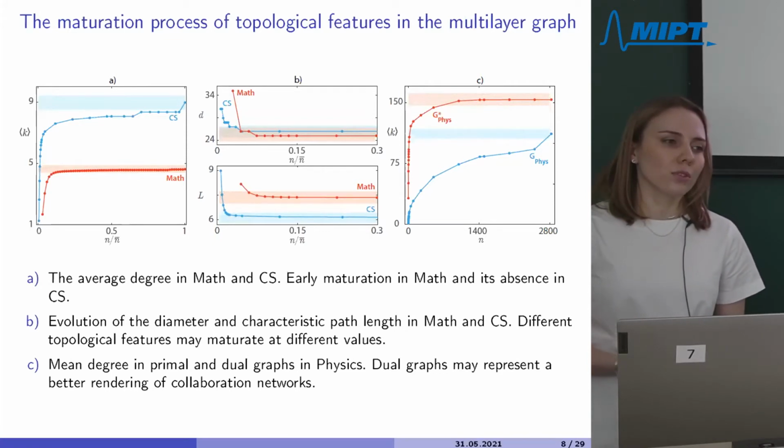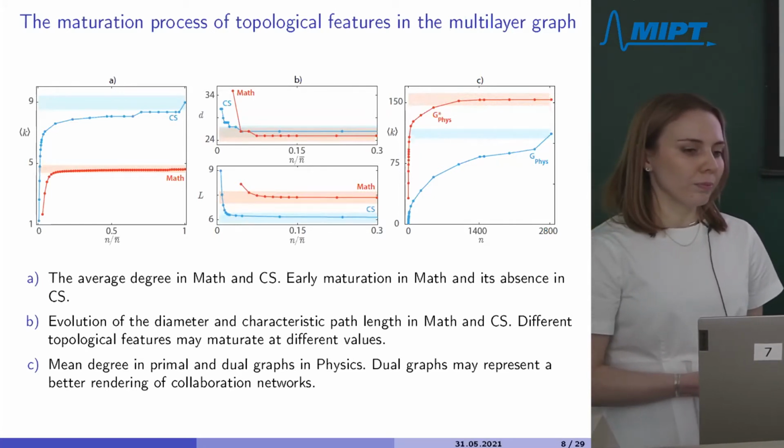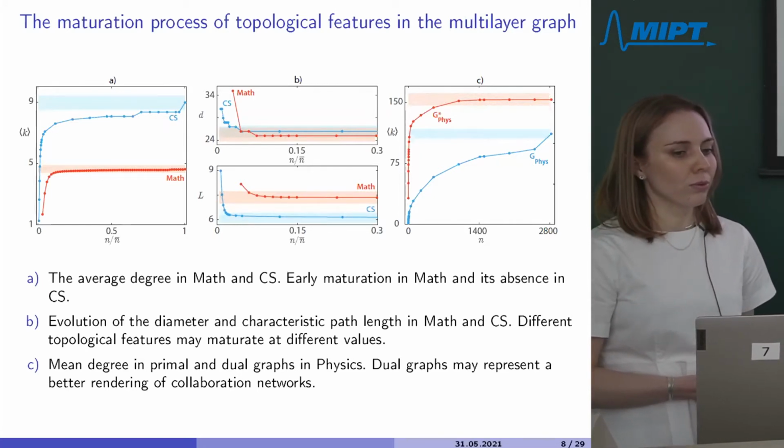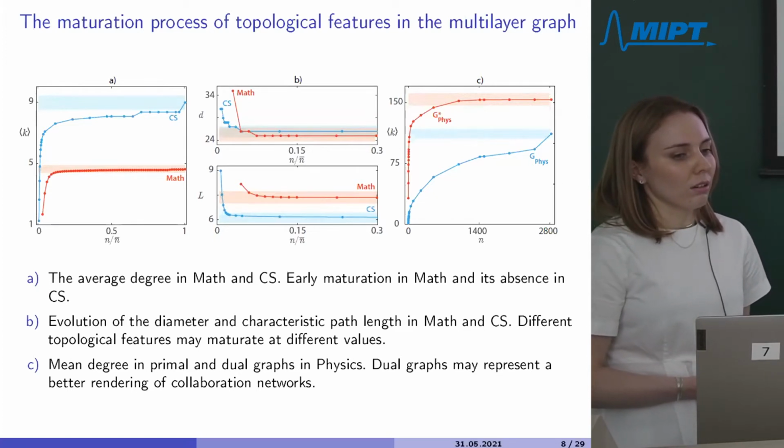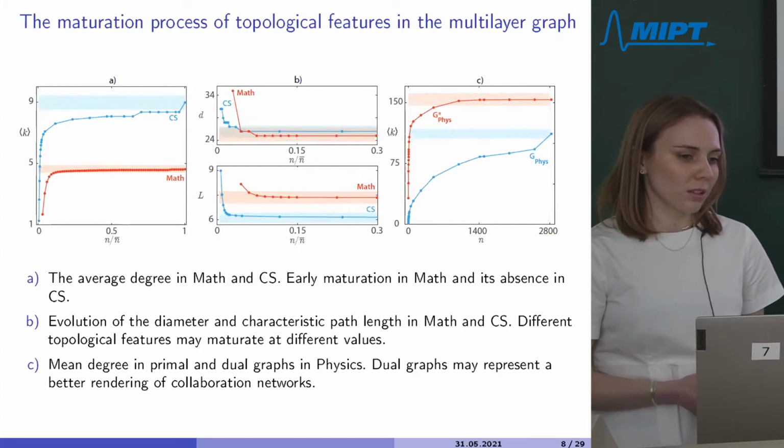So the first figure, A, demonstrates the dynamics of the average degree in math and computer science.